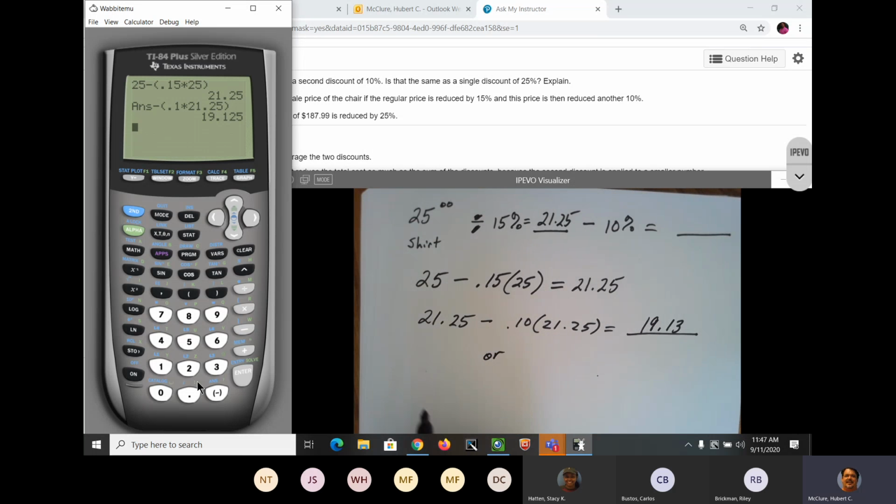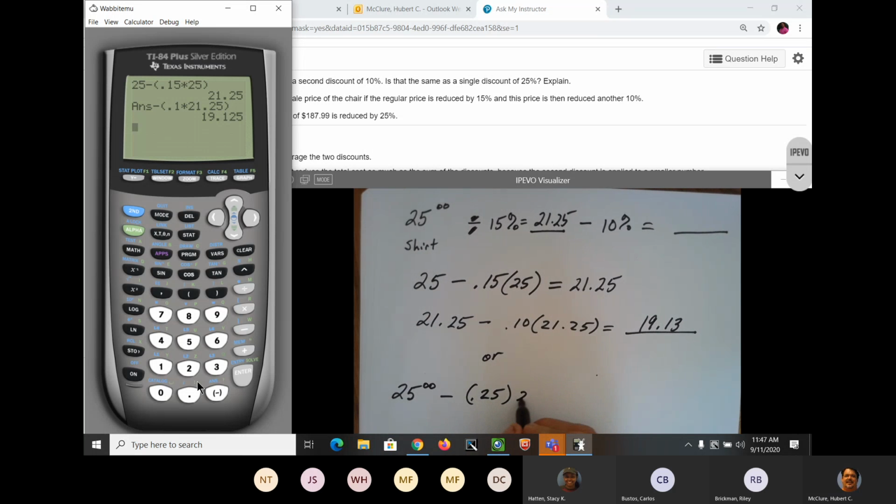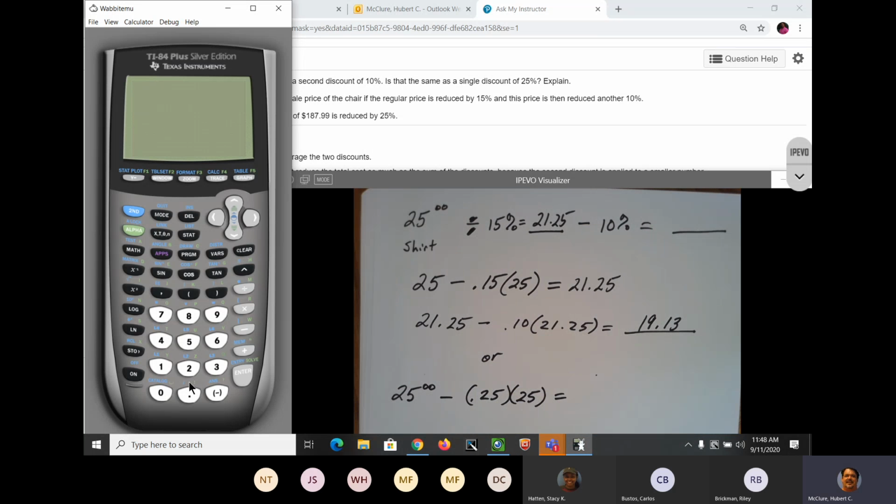Or take 25% off. So let's take 25% off: 25 minus parentheses 0.25 times 25.